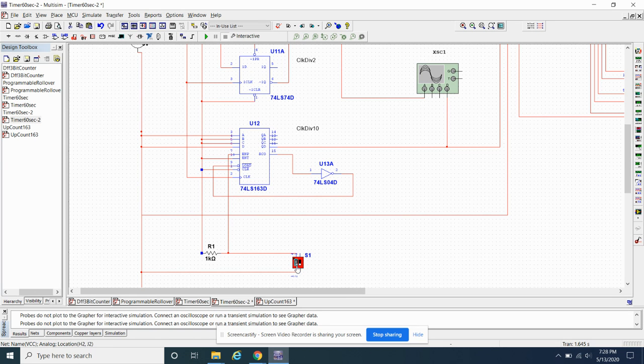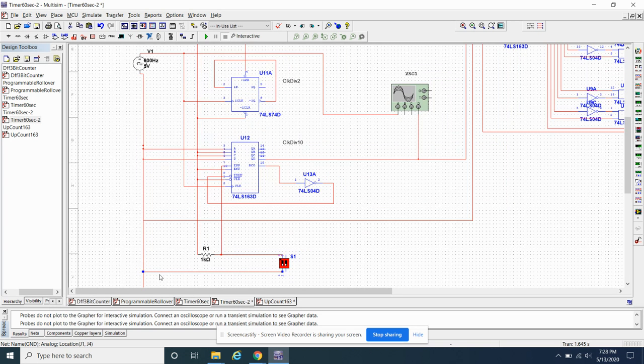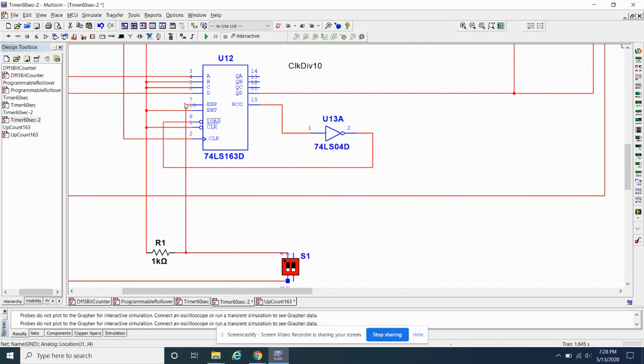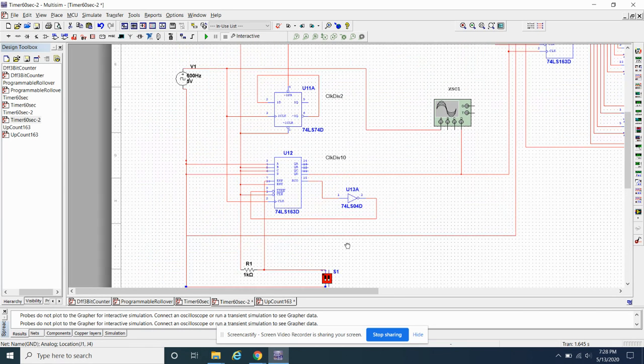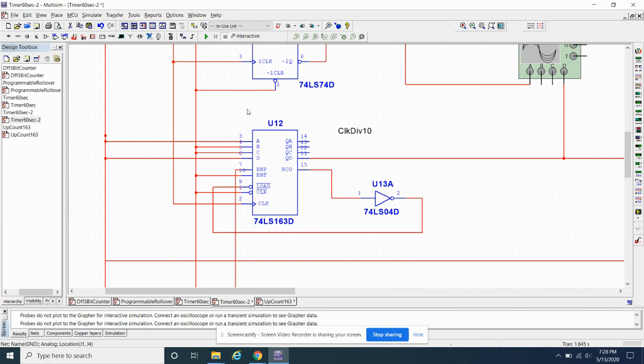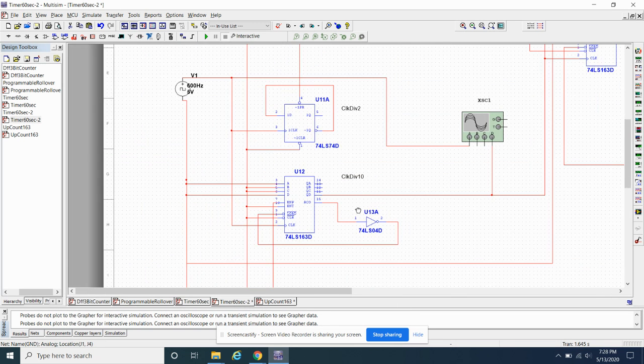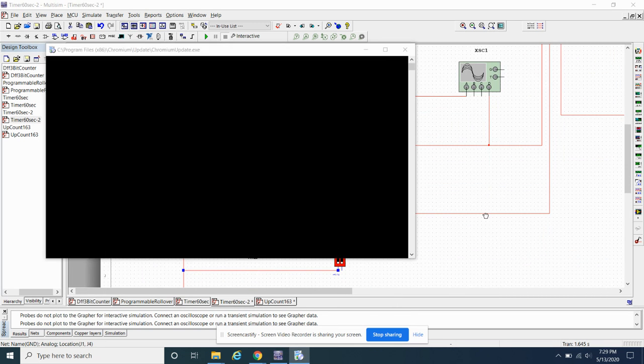So it doesn't really matter one way or the other as long as you've got it set that you can generate a 1 or a 0. The other side of the switch just gets routed to ground, and then you can pause this thing by just connecting it directly to ENP. Okay. All right, so that's that part. That's just doing the divider by 10 and then the pausing part. Okay, so that's how that works.